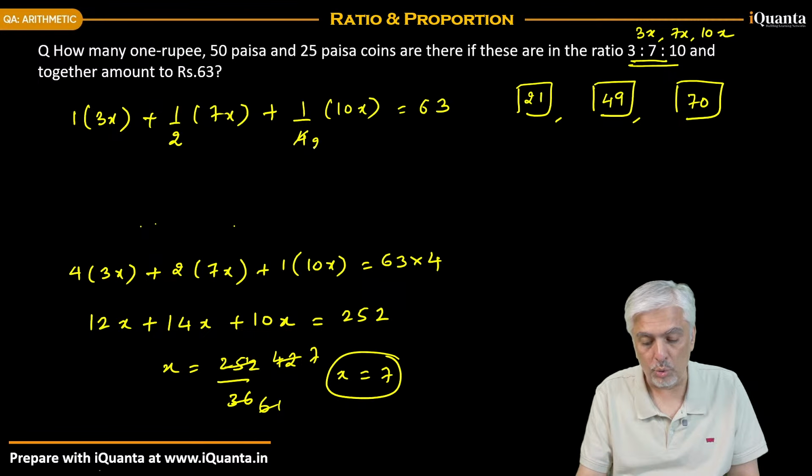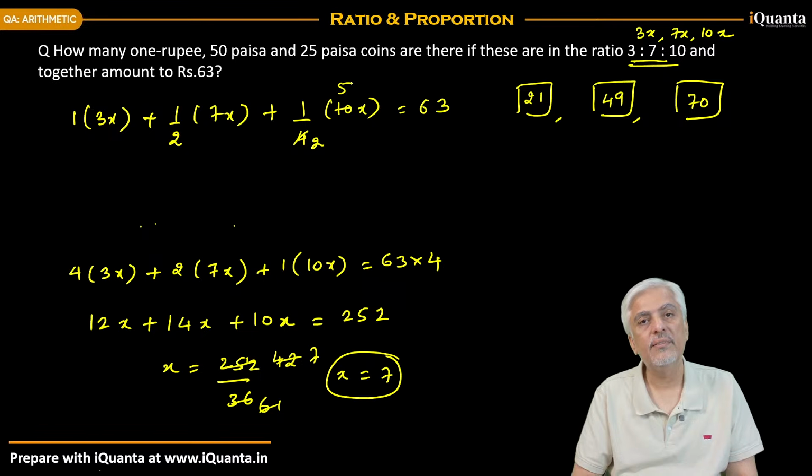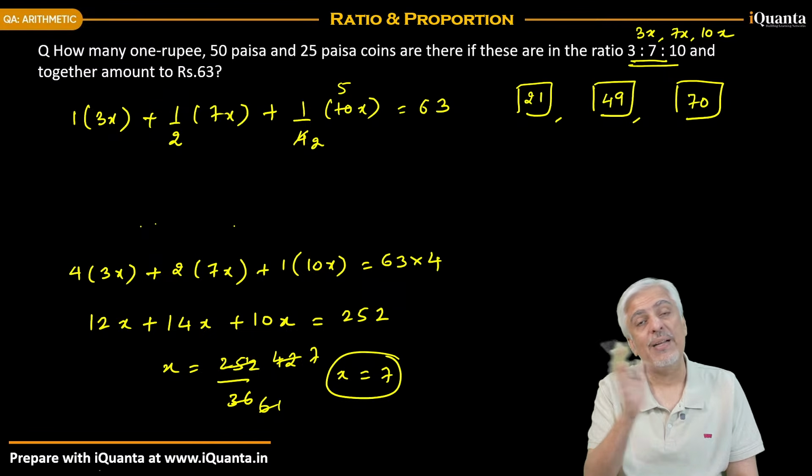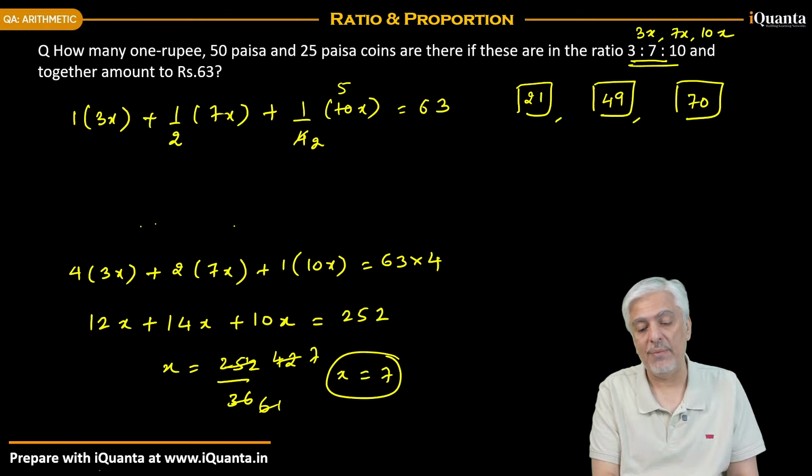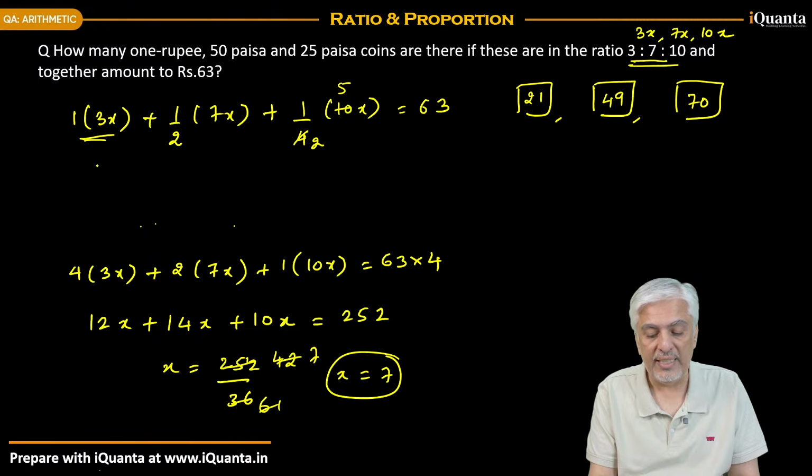Okay. Multiply everything by 2 because 2 is the LCM. Like earlier we divided by 25, now we are multiplying by 2. 2 threes are 6x.